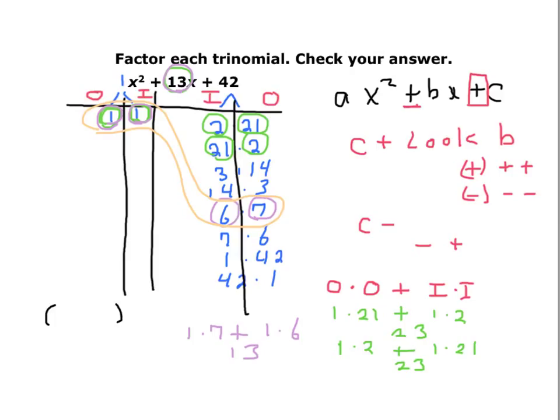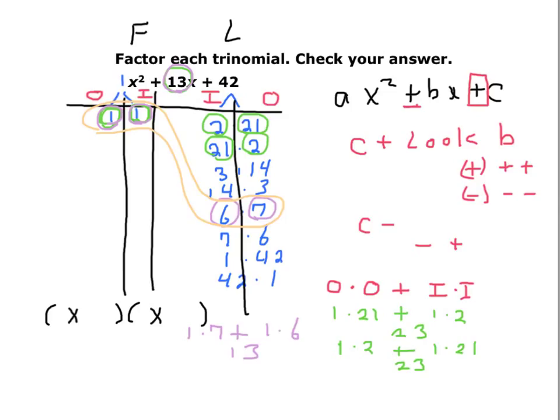Let's go ahead and do our parentheses for our binomials. Now, because this is an x squared here, that means I am going to have an x right there and an x right there. Now notice, this is the first term of your trinomial. Now, this here is your last term of your trinomial. So I'm going to put an L above it.